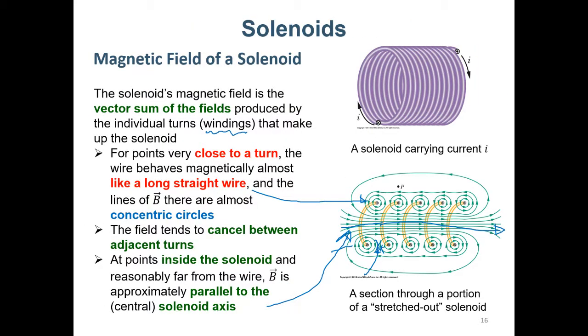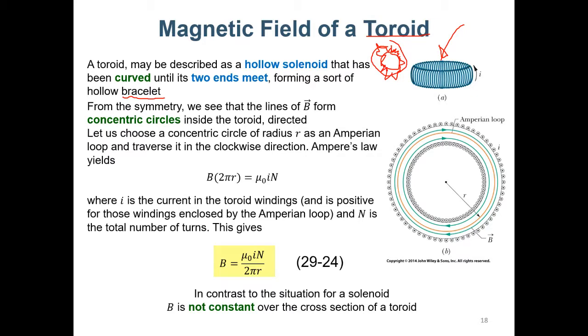So it is hollow, 空心. Okay. So from the symmetry, we see that the lines of B form concentric circles inside the toroid. So actually the magnetic field inside a toroid will be something like this.